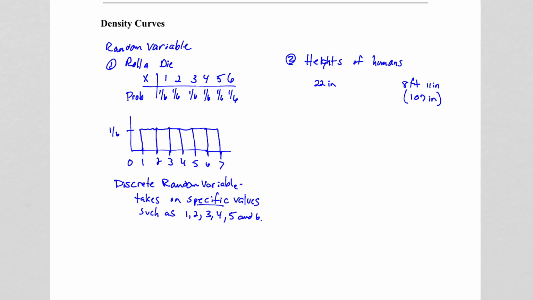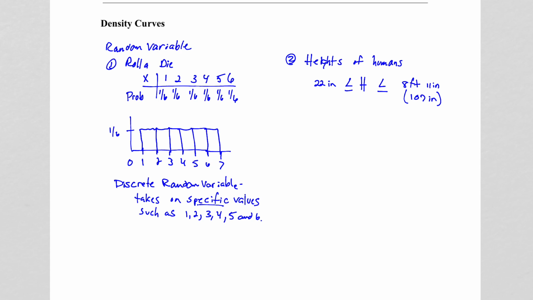So if we call this random variable H, H is going to be somewhere in between those values. True, we could eventually have a human shorter than 22 inches, and a human taller than 8 foot 11 inches eventually. But right now, we're going to say those are our limits.